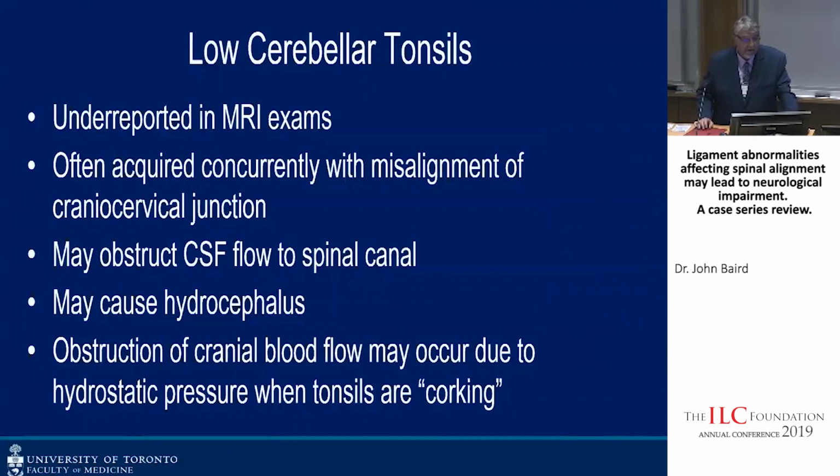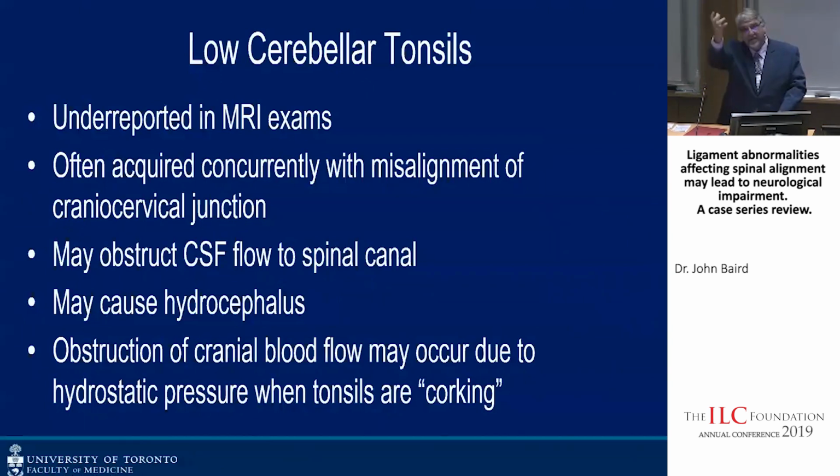So often this kind of thing can be happening concurrently with misalignment of the craniocervical junction. You could see on those previous x-rays how it literally can be visualized that the spine has got a twist in it, and it's putting a lot of long axis tension on the spinal cord, which is attached inside each vertebra with the denticulate ligaments. So consequently, it's lengthening the spinal cord and it pulls the cerebellum down like a helium balloon on a string.